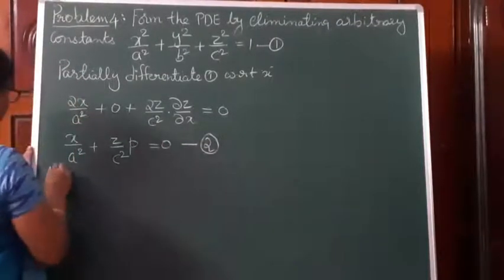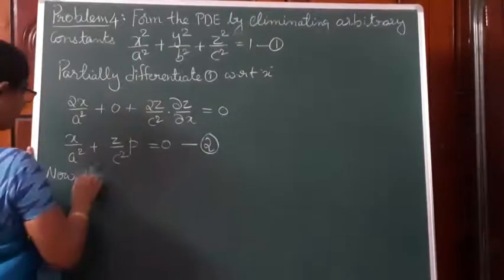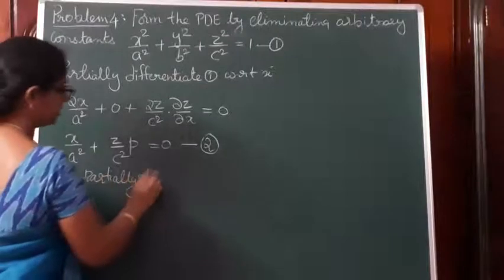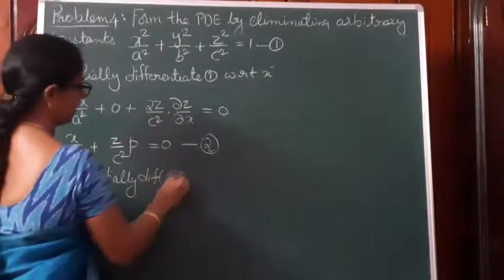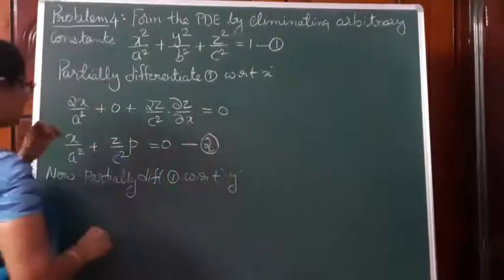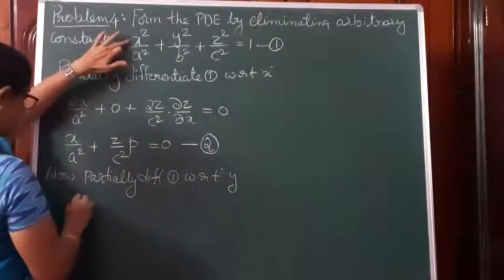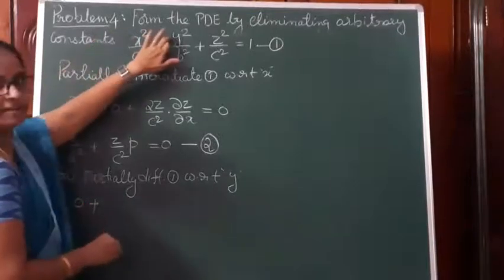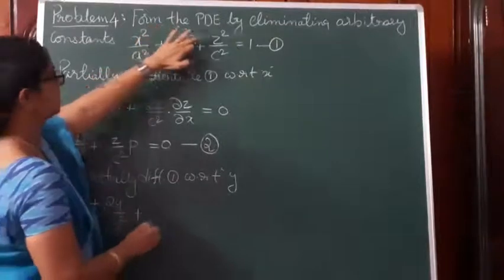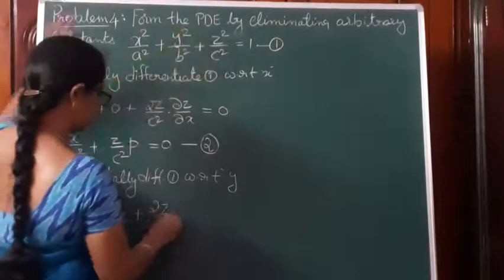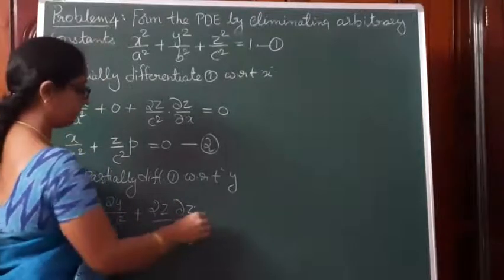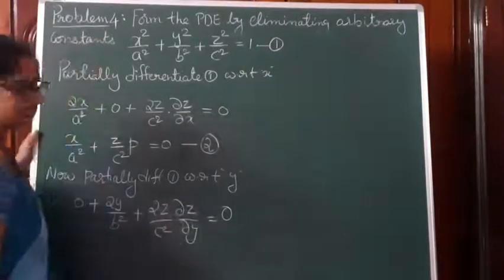Similarly, partially differentiating 1 with respect to y. Then derivative of x square is 0 plus derivative of y square is 2y by b square plus derivative of z square is 2z into dou z by dou y by c square is equal to derivative of 1, which is 0.